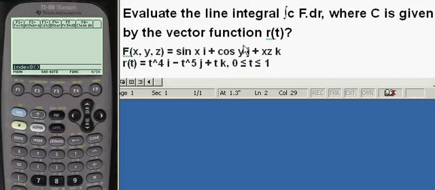Nonsensical adding things together in the functions, three-dimensional x, y, and z. And then all of a sudden somebody decides to have time to the fourth power, or minus time to the fifth power, t. None of this nonsense would ever happen in real life. These are just puzzles to see if you can calculate them, okay?